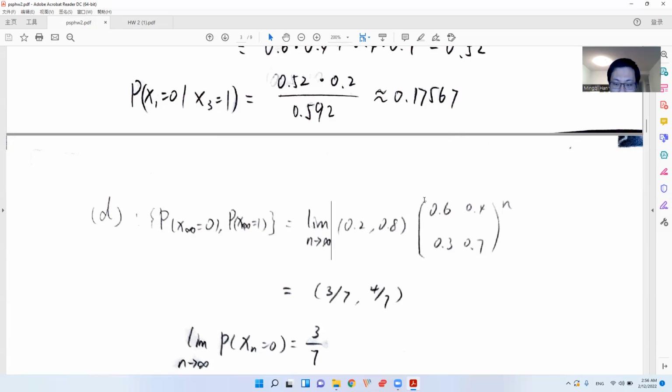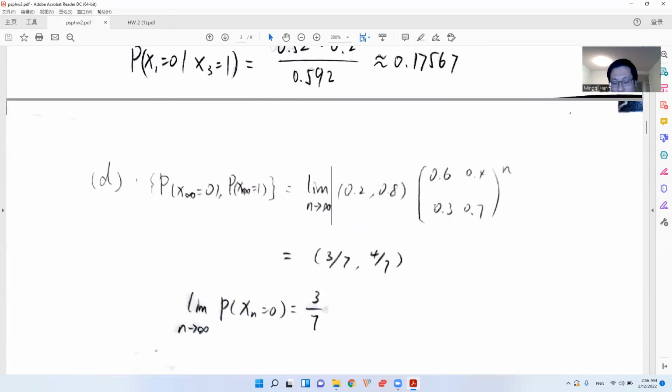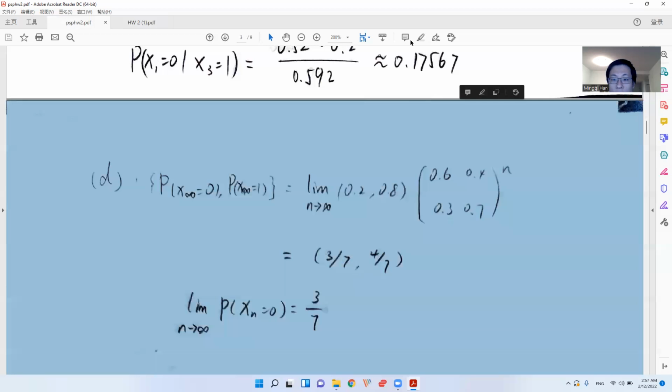So what I need to do is to calculate this part and get the value after infinitely many noisy channels. By solving this equation, I get 3/7 and 4/7, which respectively are the output being 0 and the output being 1 after infinitely many channels. So this value is the answer that I need, and that's it.